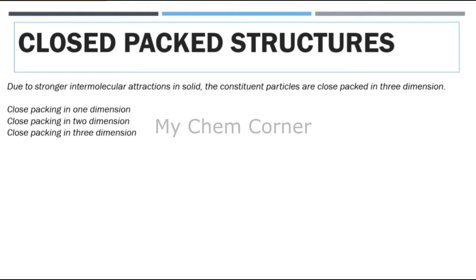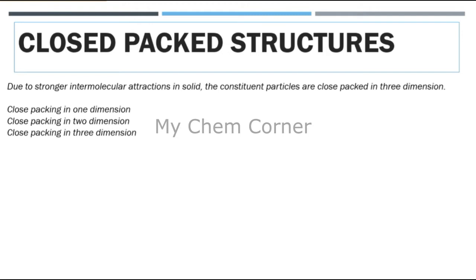So here we will be learning in detail regarding these close packed structures in 1 dimension, 2 dimension and 3 dimension. So before we move into this entire video, I would like to say that when you are learning about close packed structures, all that you need is a lot of imagination regarding how these atoms are placed. If you're good at diagrams, then it would be nice if you could draw a diagram.